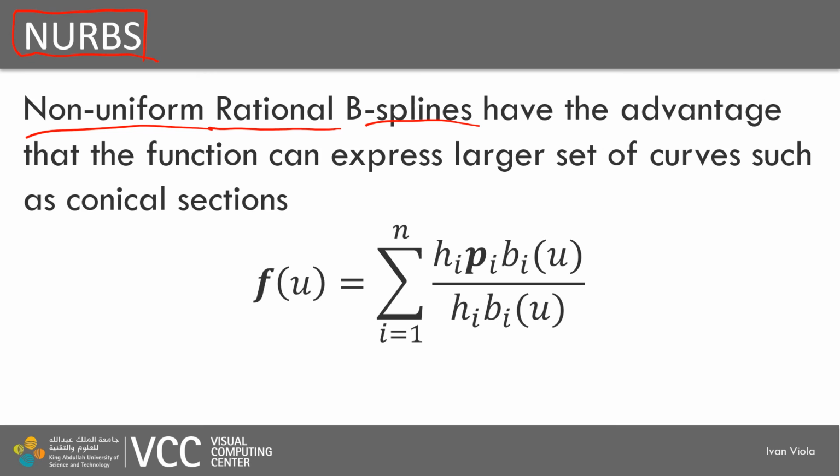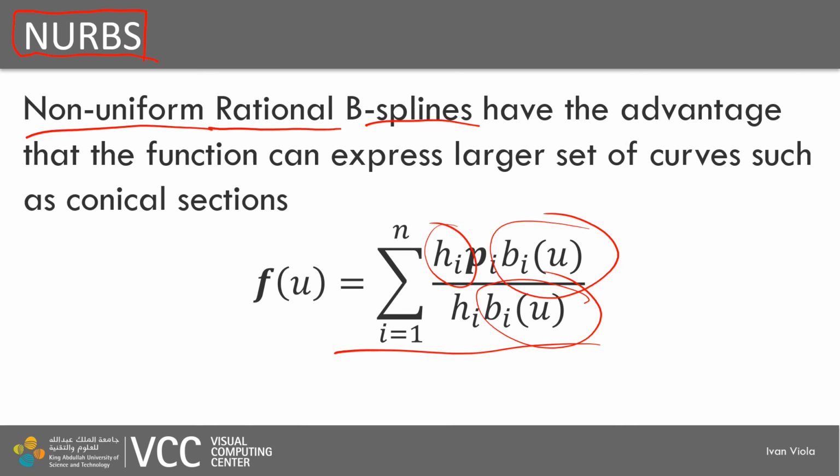which is sort of the state-of-the-art of flexibility of curves for computer-aided design. In this formulation, we can see that our points are associated with the basis functions, both in the numerator and in the denominator.